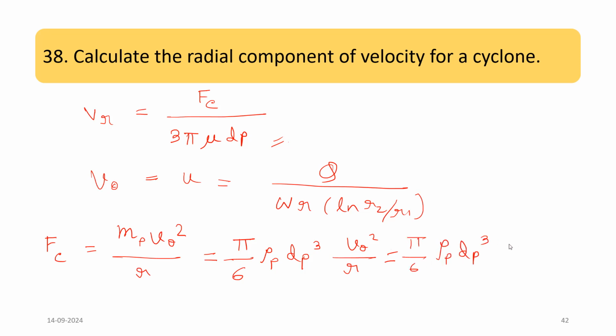Now we know the v theta expression, that is q square divided by r cube, w square, ln r2 by r1 whole square.